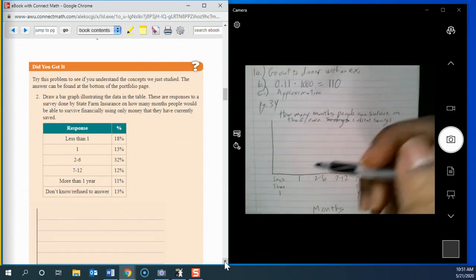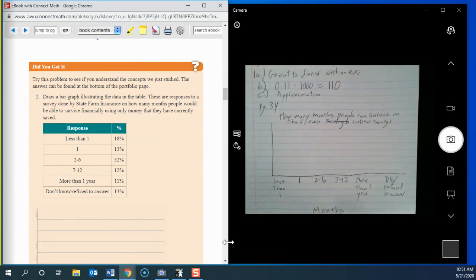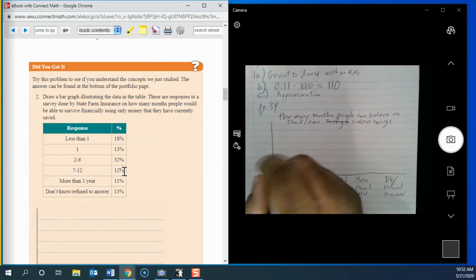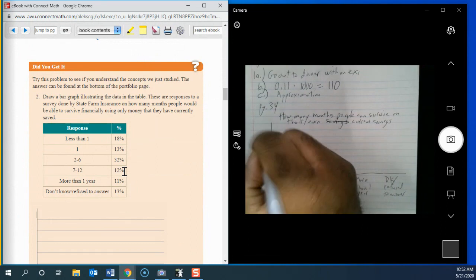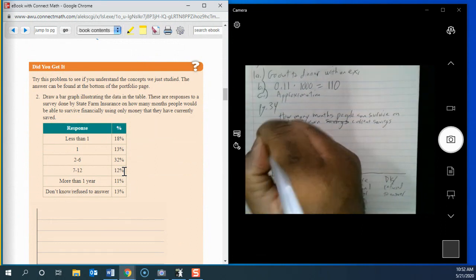Now here down the side, we have percentages here. We go anywhere from 11 to 32%. Now, if we go by these bars here, we have 1, 2, 3, 4, 5, 6, 7. Okay, I have 7 bars here, and I want to go from at least 11% to 32%. So let me see, 11 bars. I would probably do about 3%. So I would make this 3, 6, 9, 12, 15.